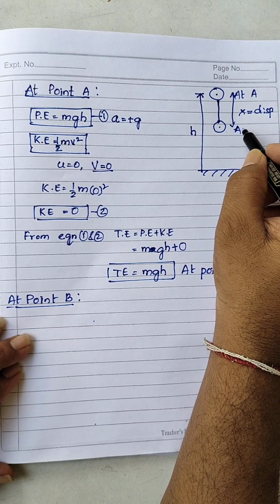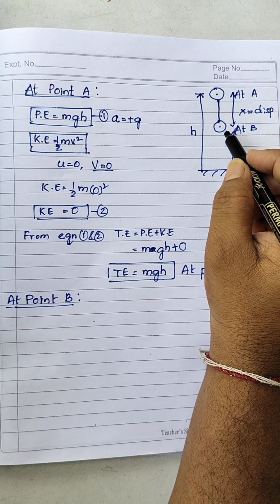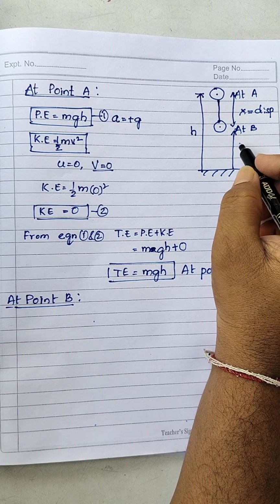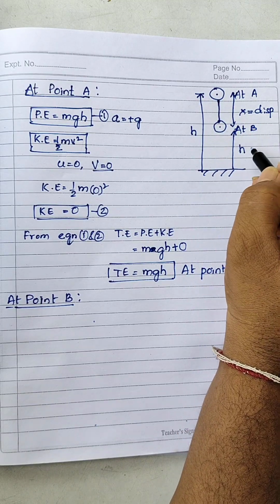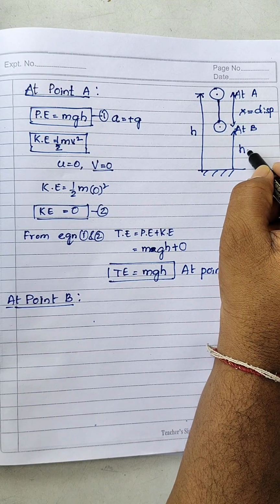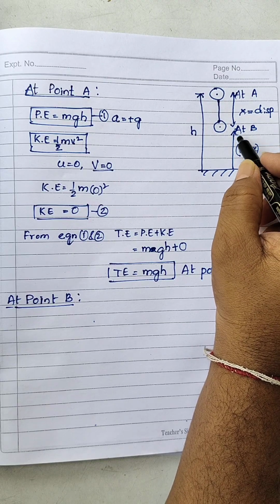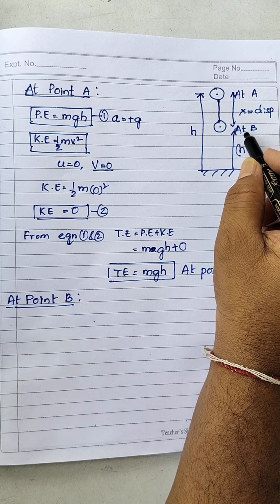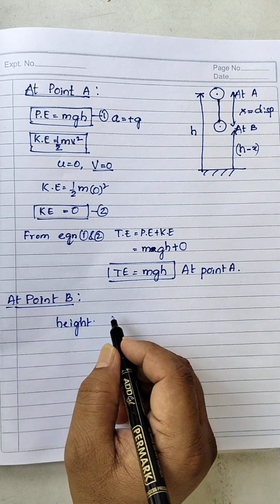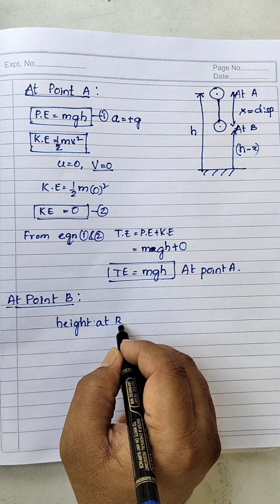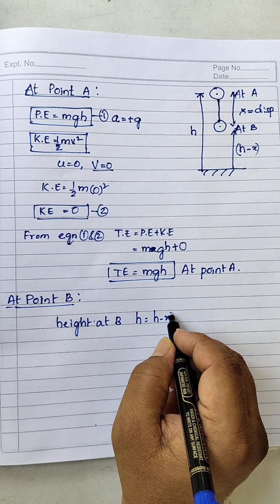This is at B. When it is at B, what is the height of the body from the ground? Capital H is the total height, and from that I am removing the displacement. This is the new height of the body at B. Height at B, h is equal to H minus x.